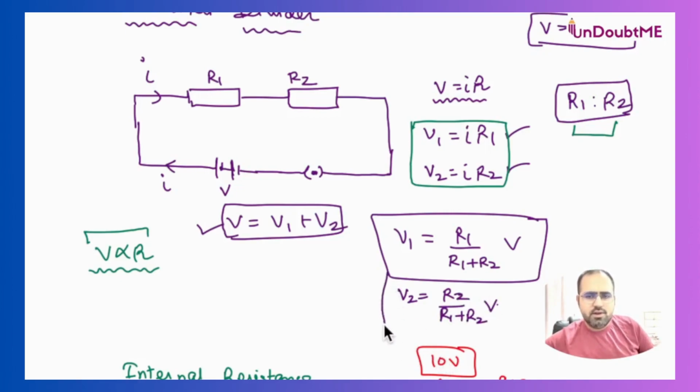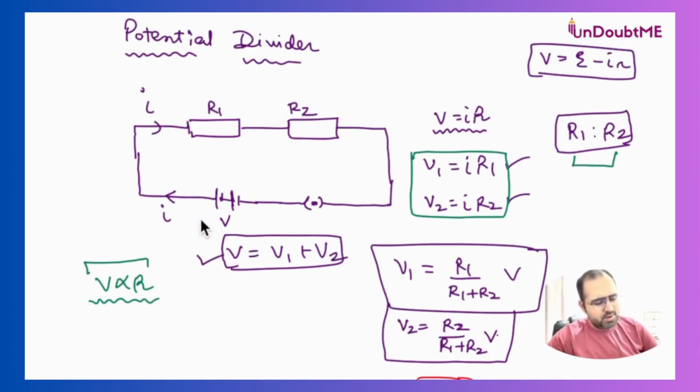This may look difficult over here, but let's say the net voltage supplied by the circuit is 15 volt and the resistances are 10 ohm and 5 ohm. I'm just taking a rough example to show you the application of this. Now, it will be divided in the direct ratio of resistance.